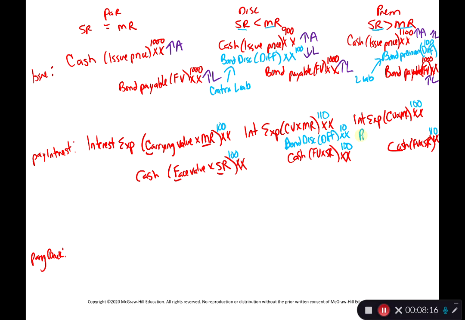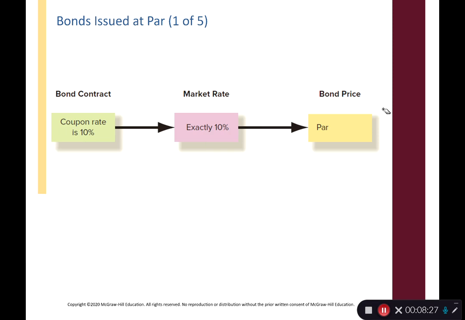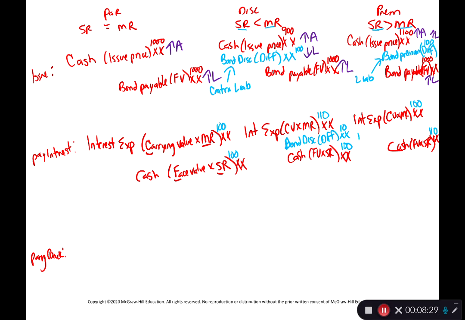And then we're going to end up debiting our premium on bond payable, or our bond premium, same thing, but I'll change it to be consistent, bond premium for the difference, which is 10.